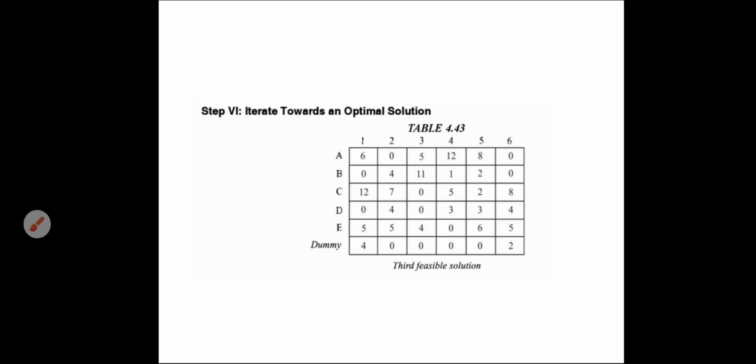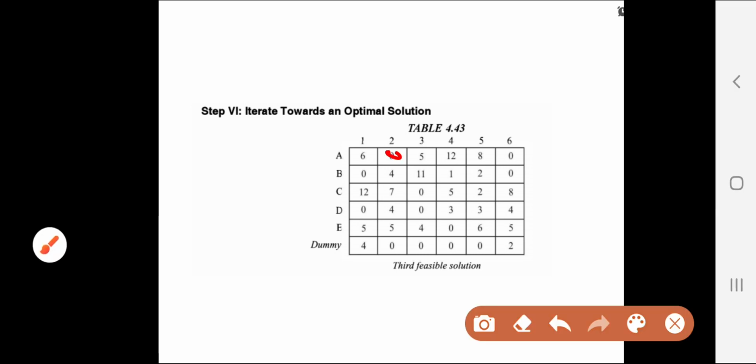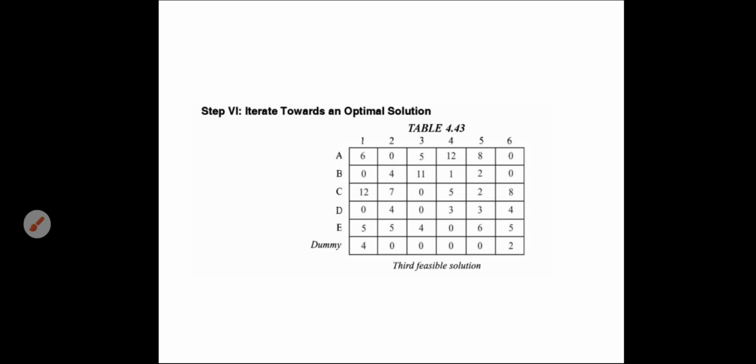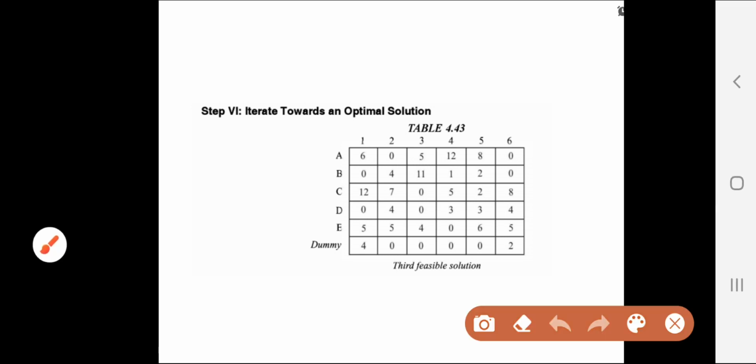Okay, after doing this you will get this type of table. You have chosen 2 here, you subtracted it from all other elements, that's why you got 0 here, and you added the same 2 value at the intersection of lines. Now you start assigning.